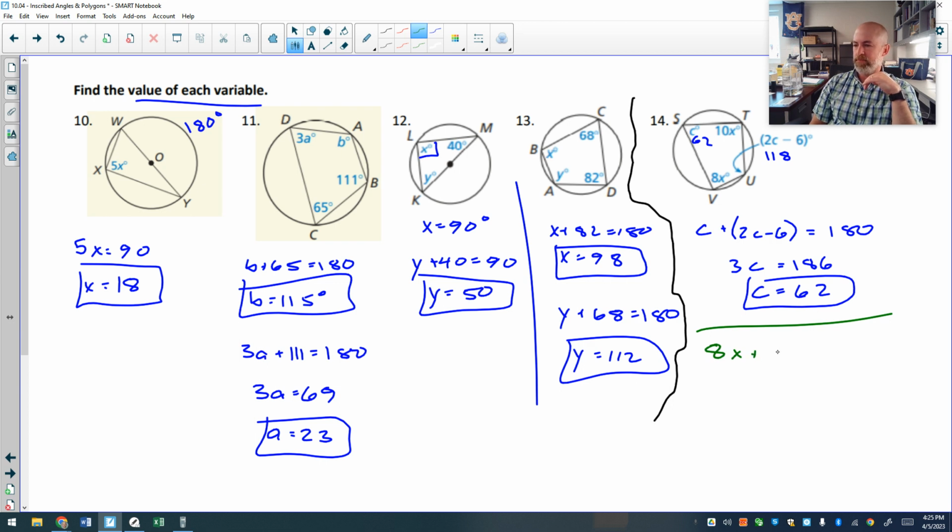Everybody has these days. All right. They're supplementary. 8X plus 10X is 180. And this is a nice problem. It's not bad. I don't know why I thought they were going to be equal to each other. 18X equals 180. And X is 10.